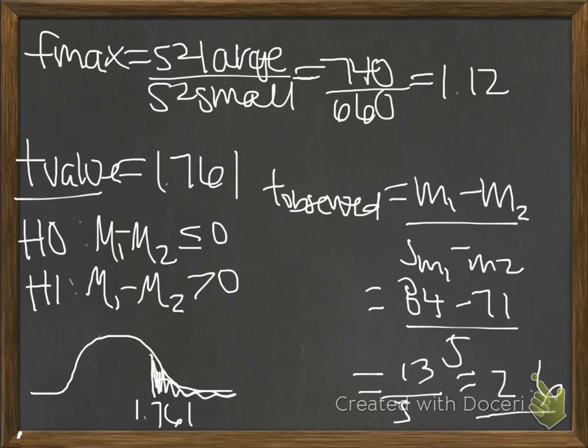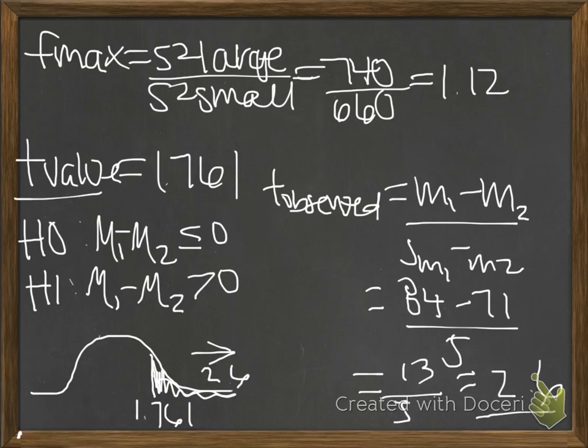Here's 1.761, but 2.6 falls over this way. So it does fall in the critical region, and because it falls in the critical region, we reject the null, concluding that there is a significant difference in frustration in the type A group versus the type B group.